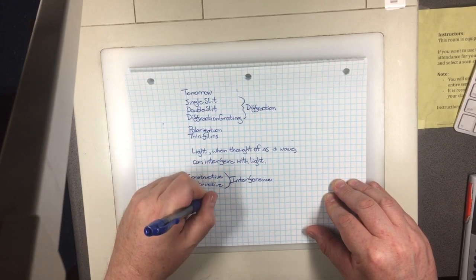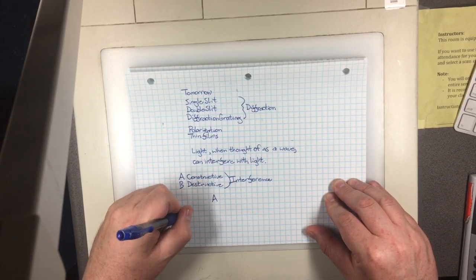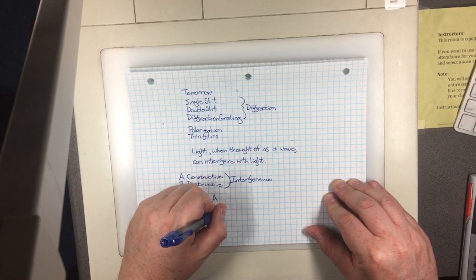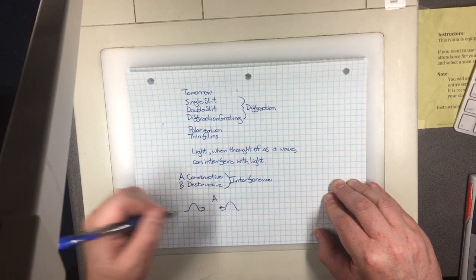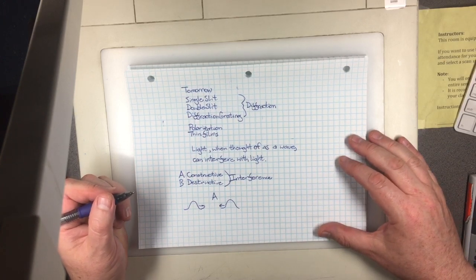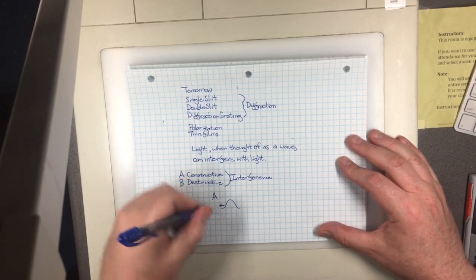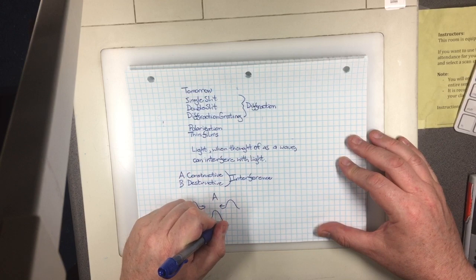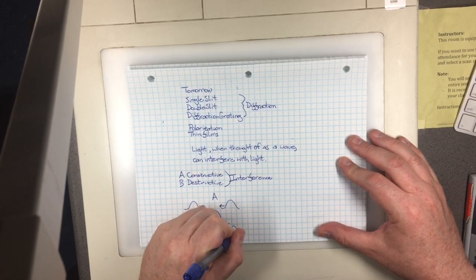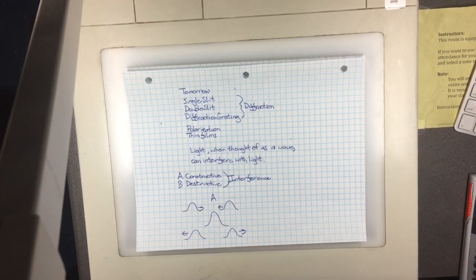Constructive and destructive is when you have two waves. If we're just thinking about light as two waves, the two light rays will, if it meets peak to peak, you will suddenly get a huge peak, and then the two waves move away.